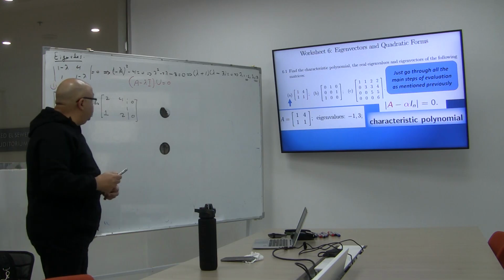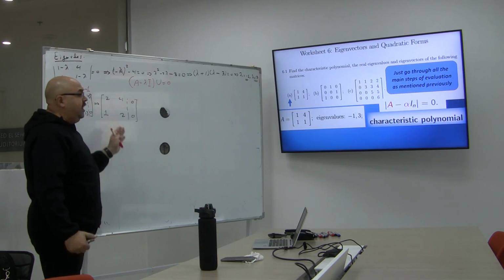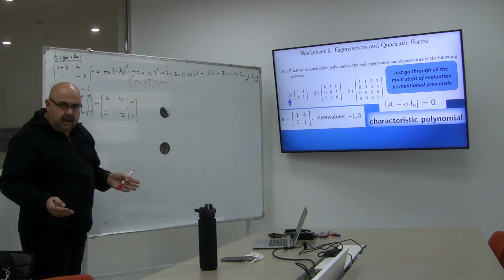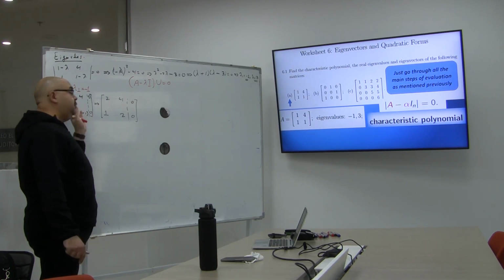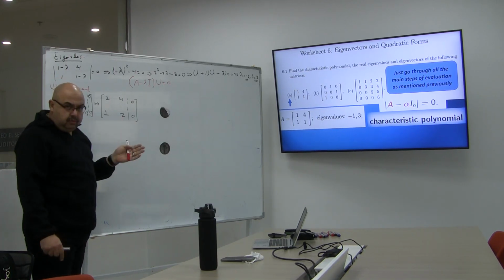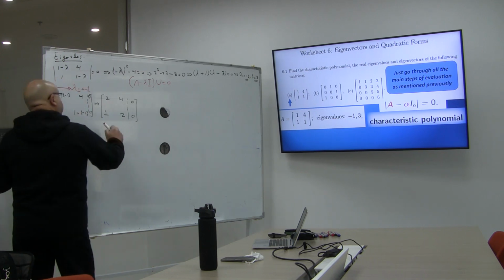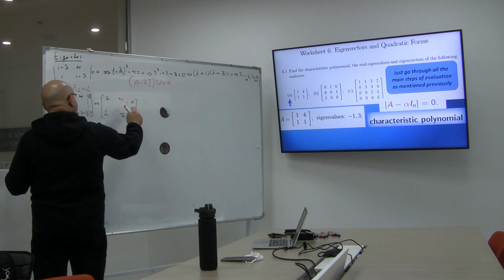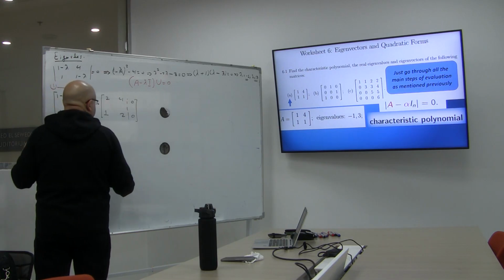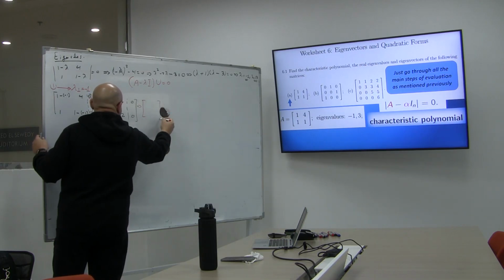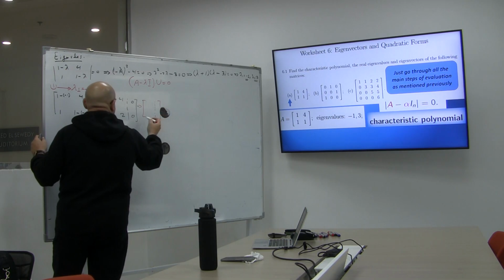As we mentioned yesterday, you will have to have a relation connecting these rows together, or in other words, the rank of this matrix will be less than 2 for sure. So it's obvious, all I have to do is multiply the first row by negative half and add it to the second row, and then you will have your reduced echelon form, which is really very easy to find.